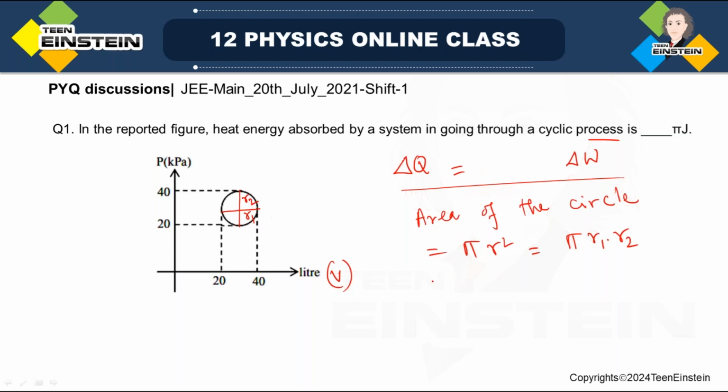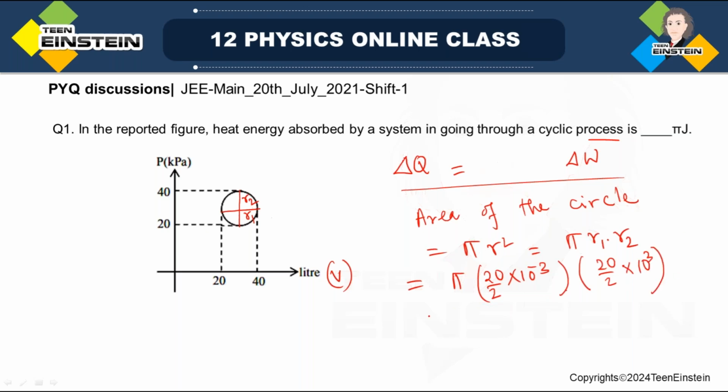So pi r1 is 20 liter. Diameter is 20, so 20 by 2, into 10 to the power minus 3, since liter I have to convert. And r2 in the vertical direction is also 20, that means 20 by 2, into 10 to the power 3 for kilopascal.